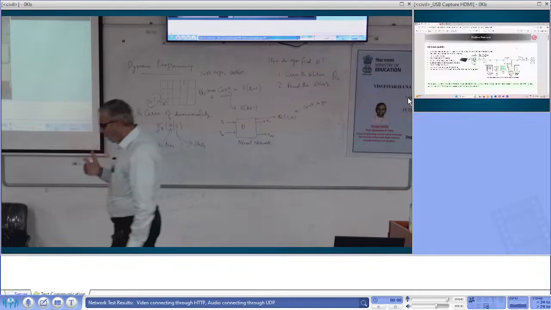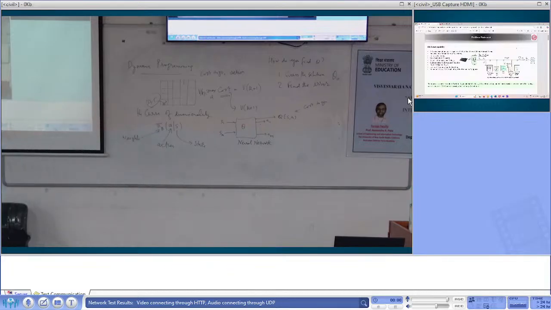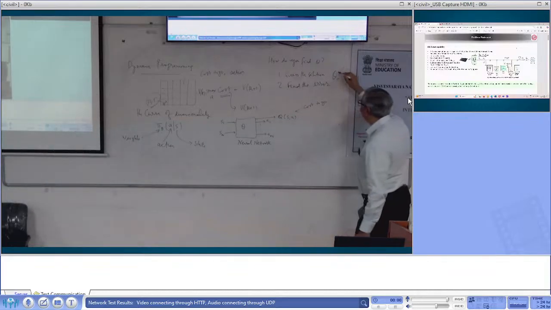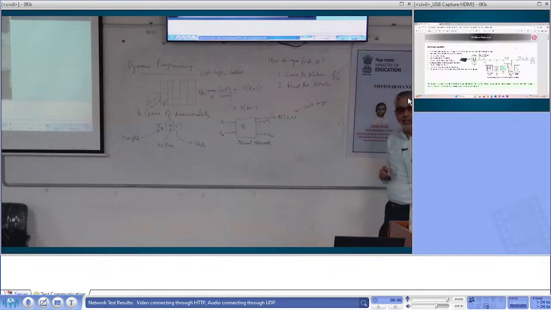So let's go back. I have got a table. I want a neural network to duplicate the functionality of the table. Problem clear? A neural network to duplicate the functionality of the table. आपने कहा neural network को मैंने initialize कर दिया theta 0 से, some random vectors or whatever I had.